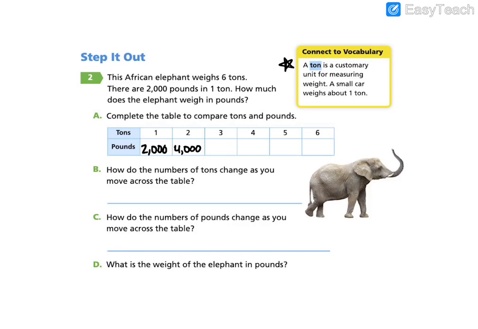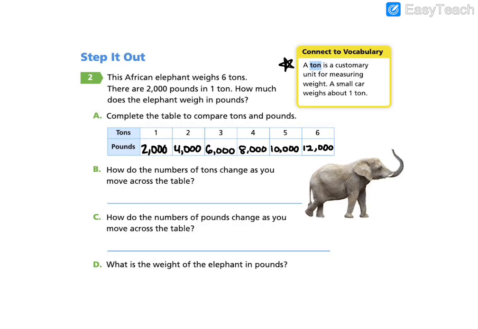Go ahead and complete the chart. Right, you should have found that 3 tons was equal to 6,000, 4 tons was equal to 8,000 pounds, 5 tons was equal to 10,000 pounds, and 6 tons was equal to 12,000 pounds.